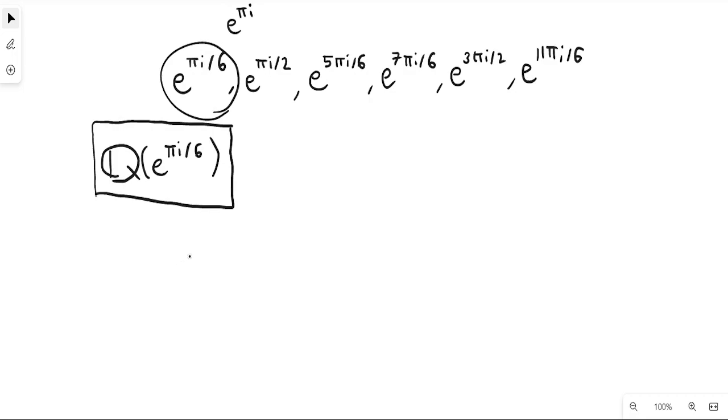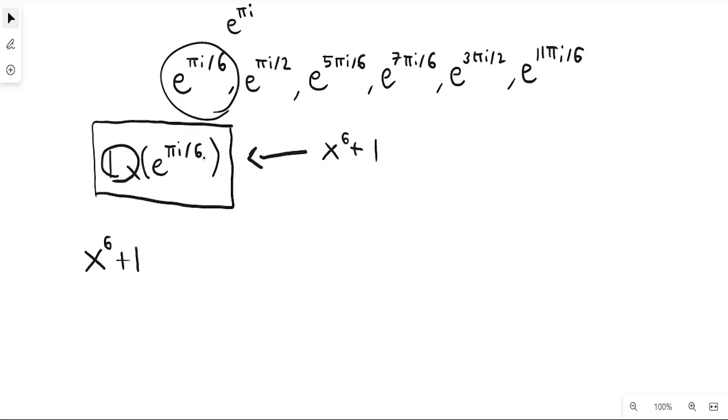Okay. So now the other thing we wanted to do was figure out the degree of this. And to do that, I'm first going to try to factor this polynomial. Because it's easy to look at this splitting field and at the e to the pi i over 6 and to say, well, this is a root of x to the 6 plus 1.